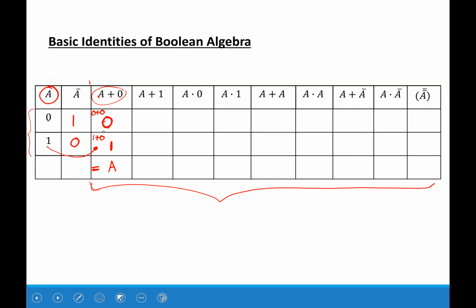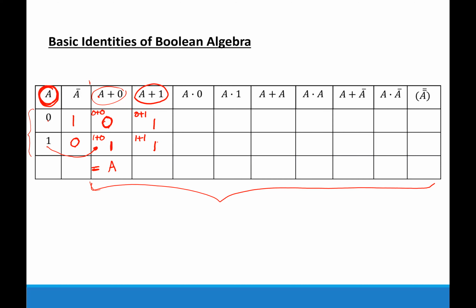Okay, next we need to find A plus 1. We do the same thing. In the first case, here we have A, so again we consider all possible values of A. Here A is equal to 0, 0 plus 1. And in the next case, now A is equal to 1. We need to add 1 to that.